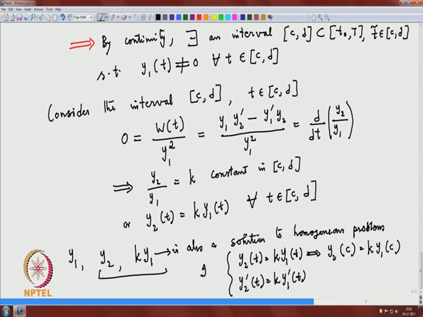These are all happening in CD. But when I say that this is a solution, it is happening everywhere. So y2 and k y1 are solutions to your homogeneous problem everywhere, say t naught to t. But what is happening here is in CD. So that implies y2 prime at C is equal to k y1 prime at C.